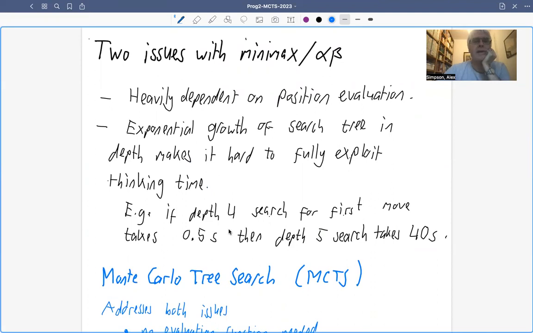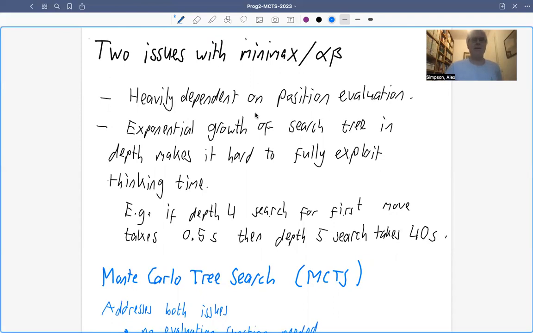So one is that the minimax and alpha beta is heavily dependent on having a good position evaluation algorithm. It seems from what we just saw that my position evaluation algorithm is not too bad. But anyway, one has to find one, and obviously it's very dependent on that.